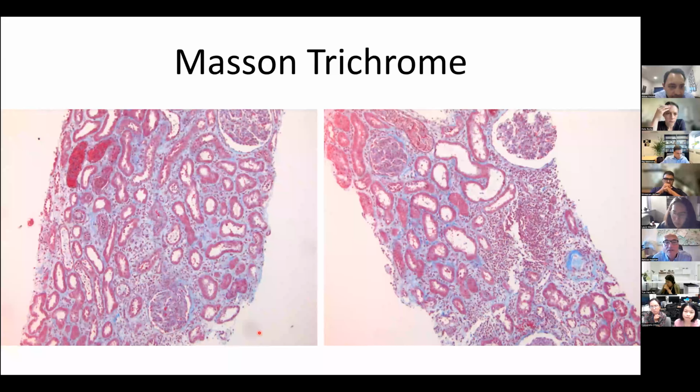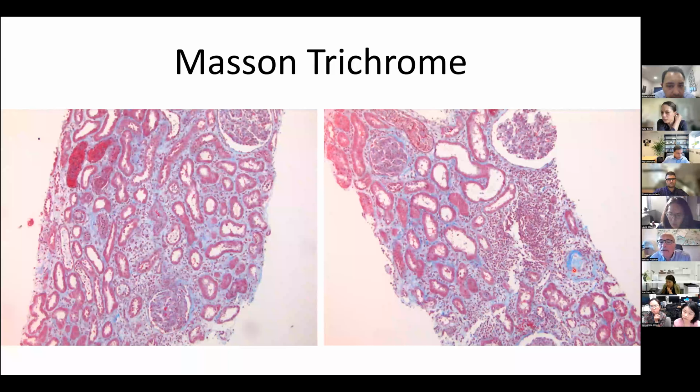However, now let's look at the other stain that was mentioned, Masson trichrome. Masson trichrome is the fourth stain that we do in assessment of the biopsies, and it comes in handy when we want to judge chronicity, because in Masson trichrome the collagen extracellular matrix looks blue.